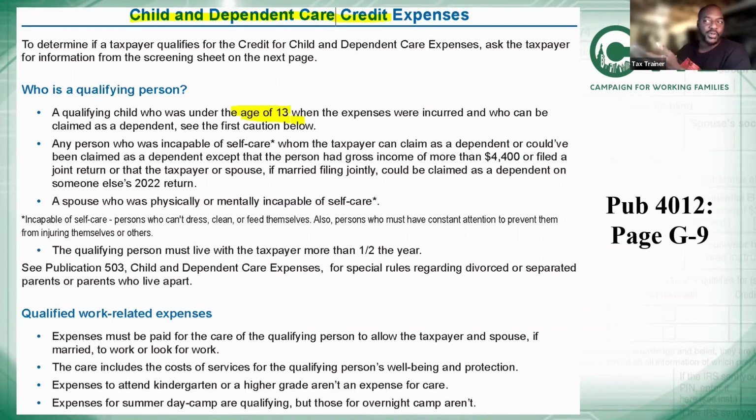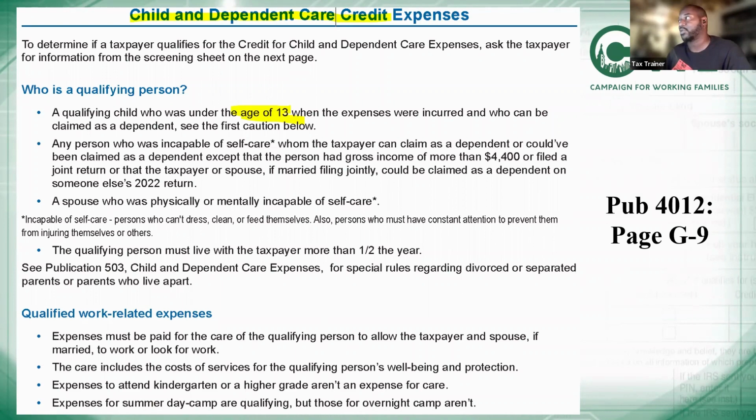You have to live with the person for half the year, and I definitely need to be working. I say this because there are times when a married couple and one of them is not working, and they say, why don't I get the child care credit?